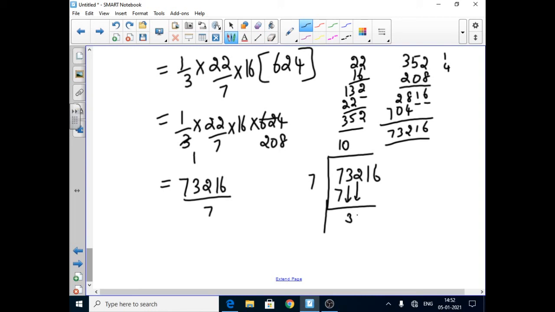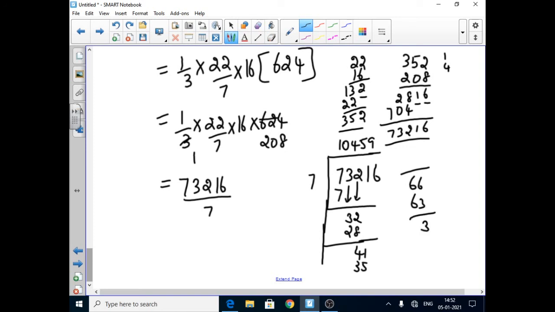Next 2 comes down: 32. 4 7s are 28, remaining 4. Next 1 comes down: 5 7s are 35, remaining 6, 66. Next 8 7s are 56, 9 7s are 63, so the remaining is 3.